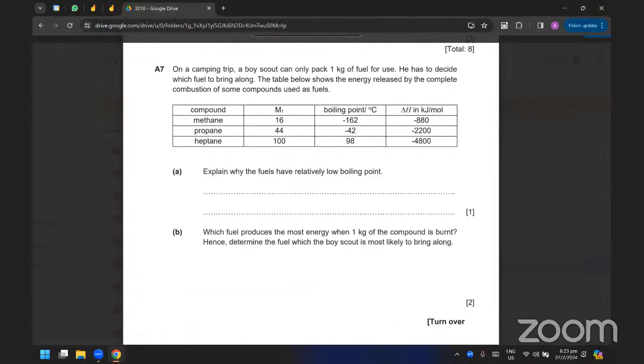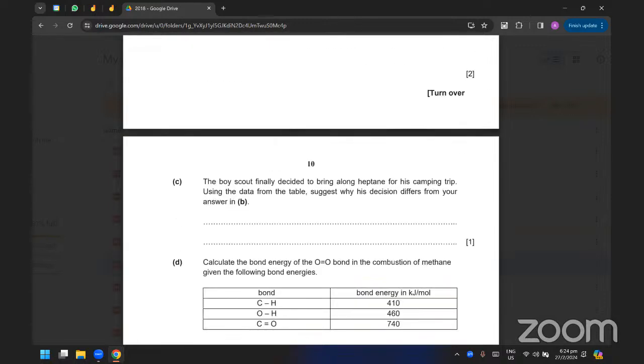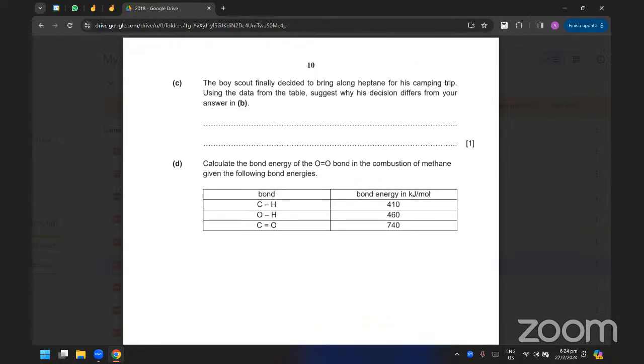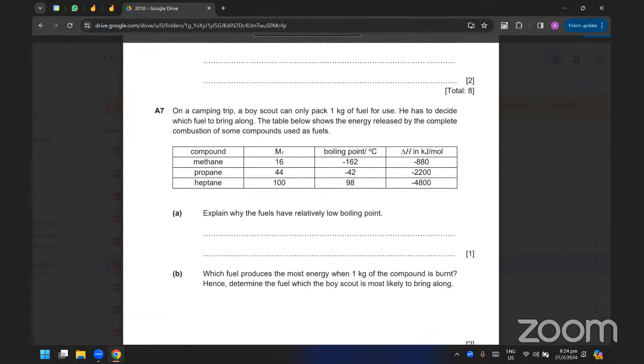Okay, now I'm going to share my screen. Let me reiterate that this is not what I prepared, to keep it pure. Look at this question. There's a boiling point and so on. I'm going to go to the end of the paper, the question, and you see this bond energy. Calculate the bond energy. This is not the enthalpy of the reaction, but it is definitely something linked to it.